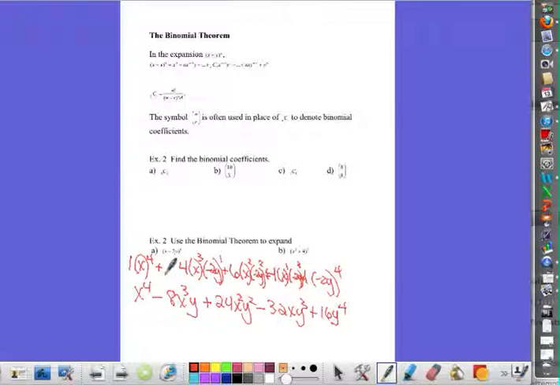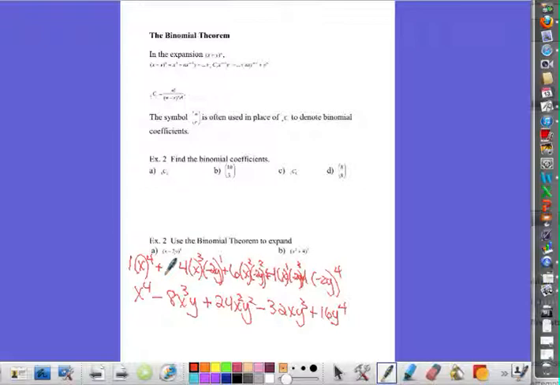Now B is going to be more difficult because you have an x squared that you're raising to a power. Does everybody have part A so I can erase it?